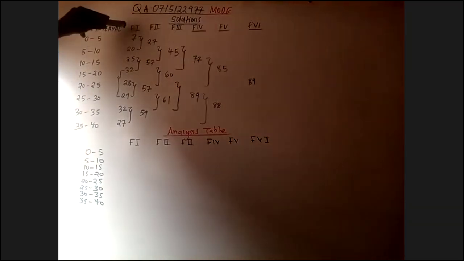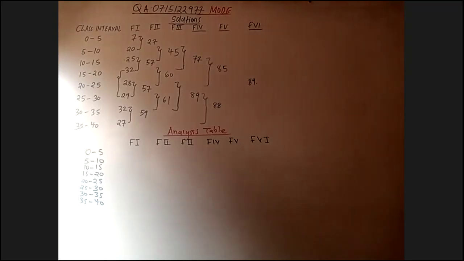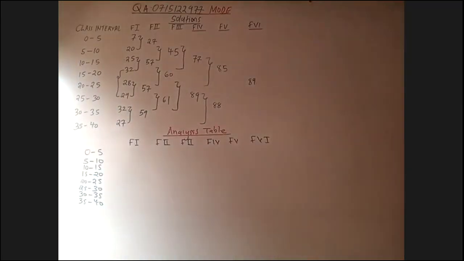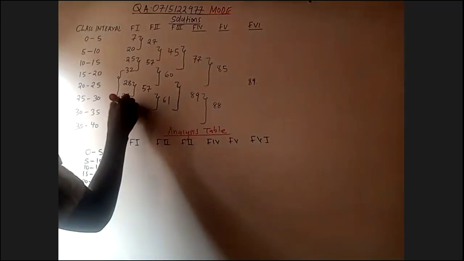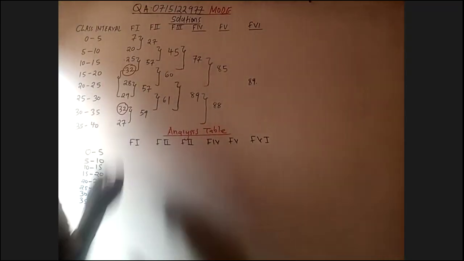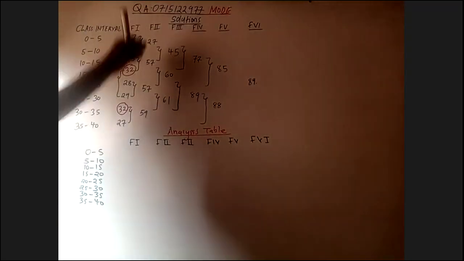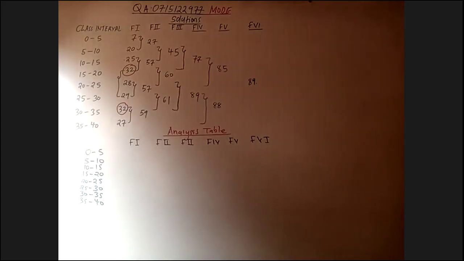Now, for F1, which is the highest frequency? Going down for F1, the highest frequency is 32. Yes, 32. You have 32 here, and you have 32 here. Then for F2, what is our highest frequency? 59.